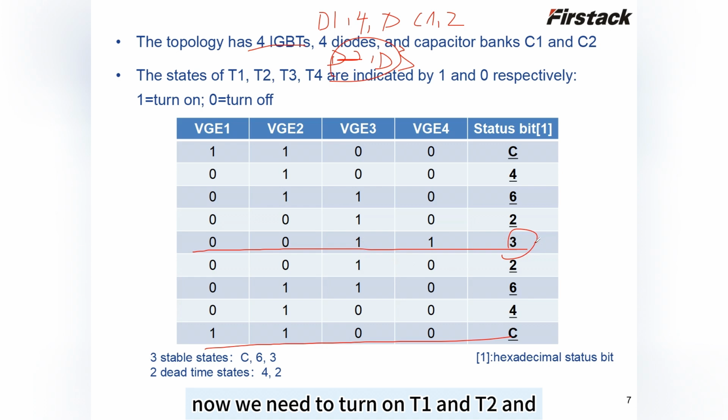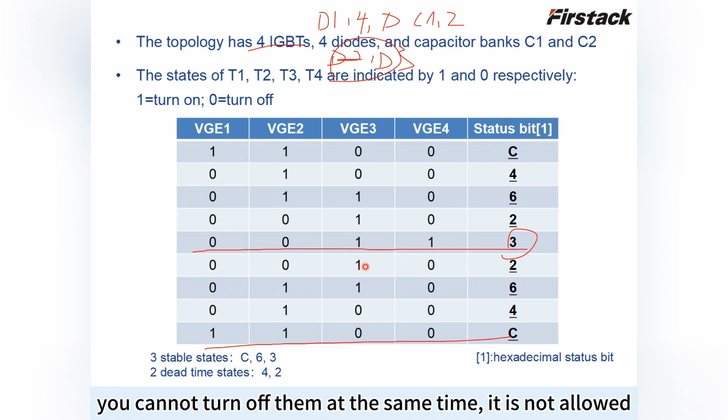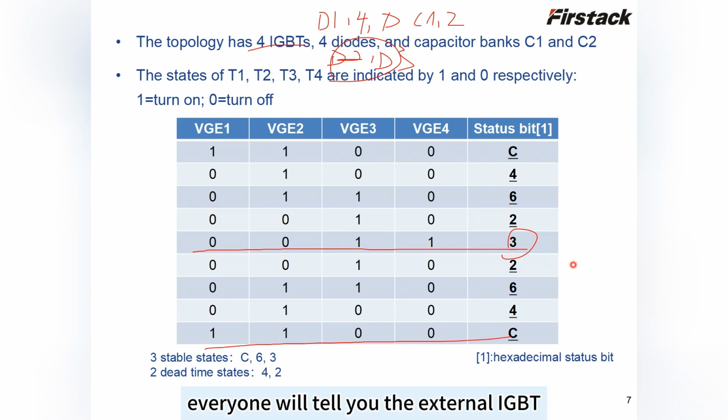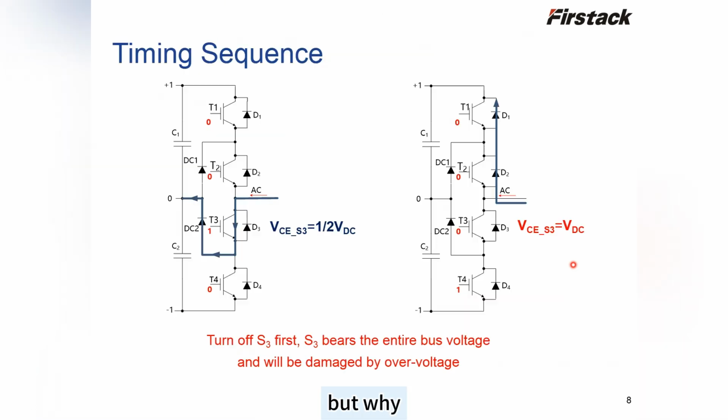Now we need to turn on T1 and T2 and turn off T3 and T4. Then there is a question. When we turn off the IGBTs, which should be turned off first? Because you cannot turn them off at the same time, it is not allowed. If you search related documents on the internet, everyone will tell you the external IGBT must be off first. But why?